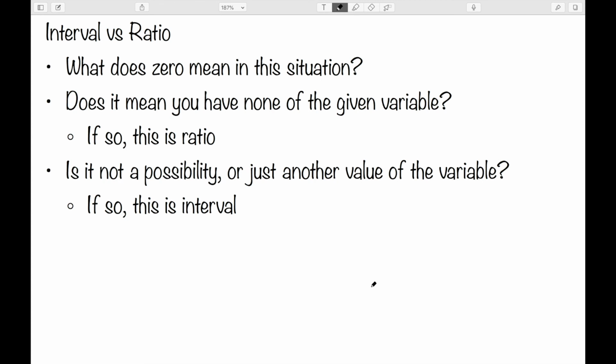For an example of just another value of the variable, we would have something like temperature. You can absolutely have a temperature of 0 degrees, however, it does not mean you lack temperature. It means that it's cold. So this would be the difference between interval and ratio. It's really important to figure out what 0 actually represents in our given situation.